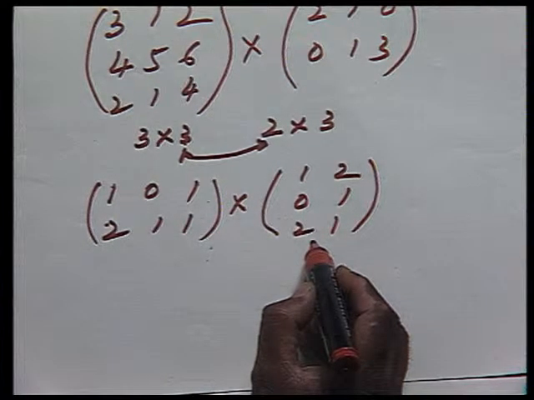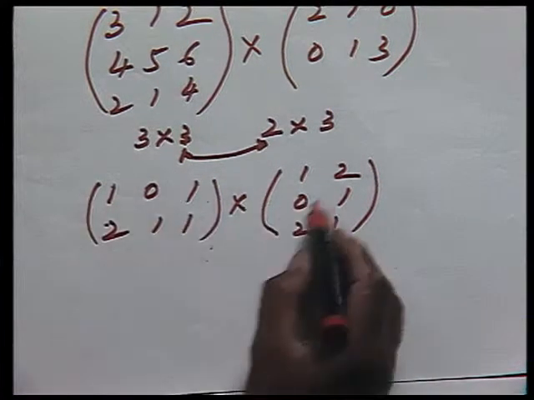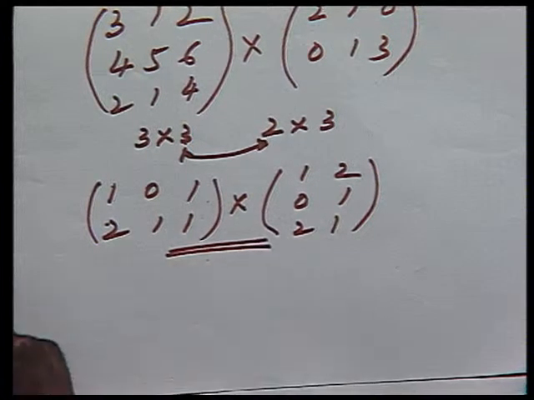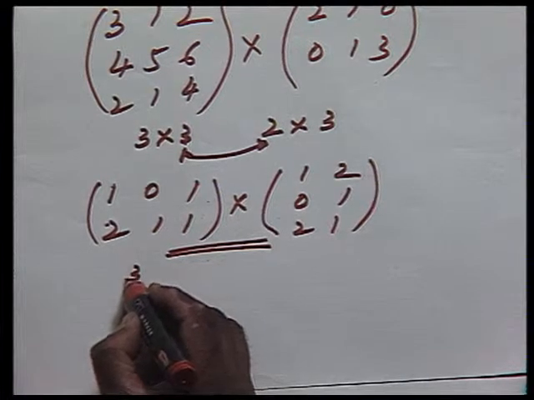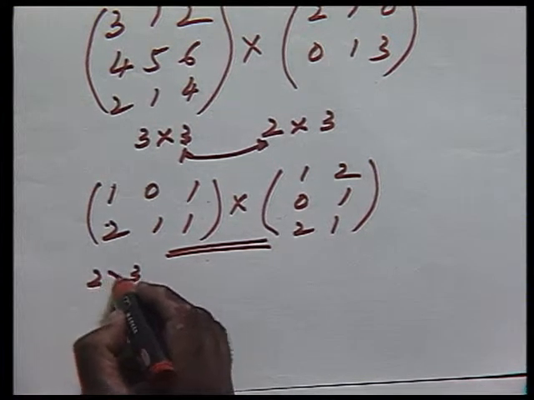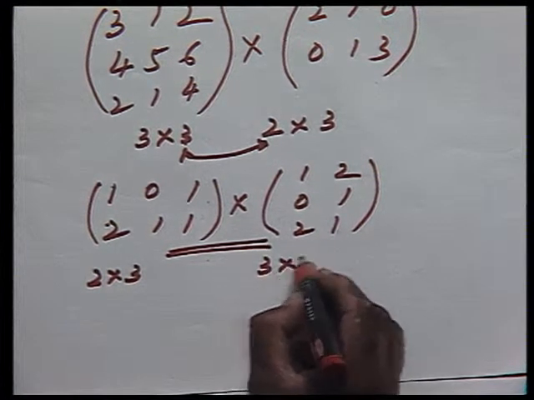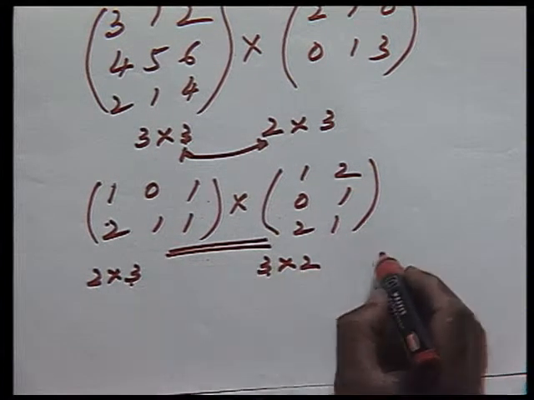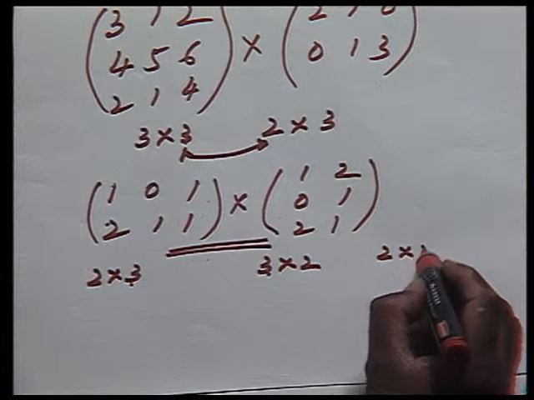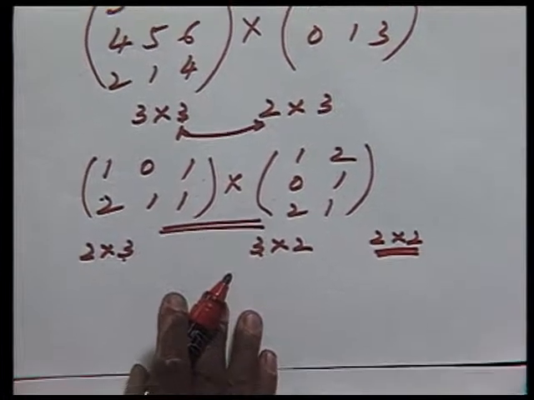I am supposed to get a 2 by 2 matrix, and that is what I will get when I multiply these two. Now, in case I reverse the process, this is 2 by 3, this is 3 by 2. So, these 3 are matching. So, my result is going to be a 2 by 2 matrix. This is what the answer is going to be.